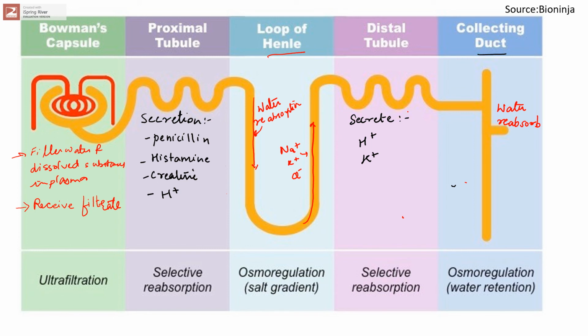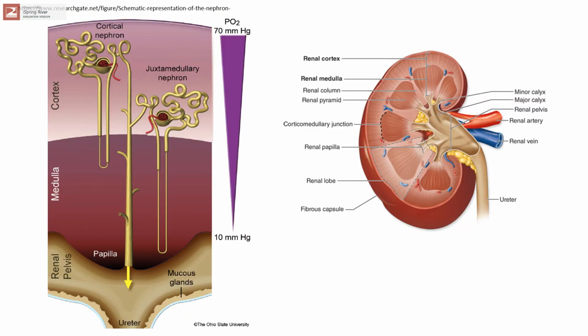Now, if you look at all these different regions of the nephron, most reabsorption occurs in the proximal tubule of the nephron. Some amount of reabsorption occurs in the distal tubule, but most of it takes place in the proximal tubule.